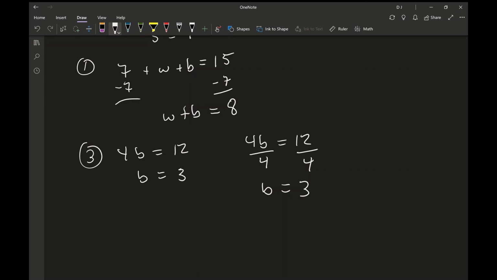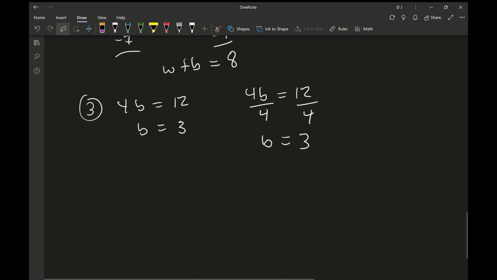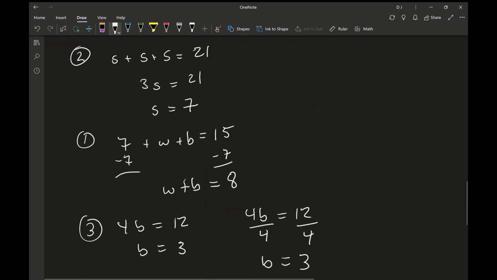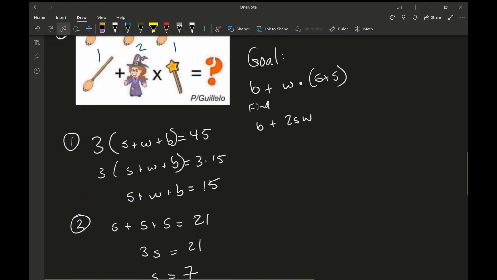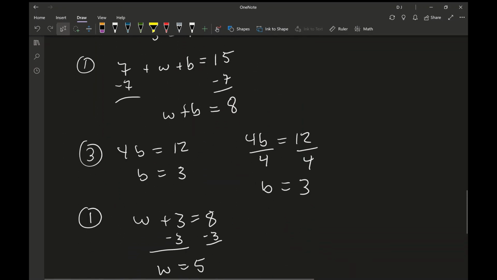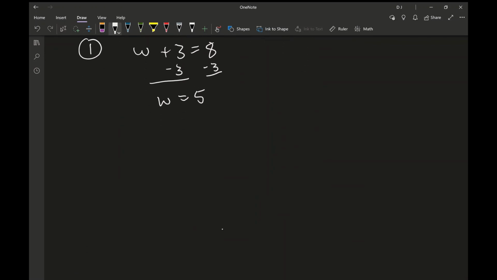So then we know, revisiting number 1 again, which person plus 3 has to be 8. Subtract 3 from both sides. We know which person must be a 5. Now we can get our goal. Stated goal was, what is broom plus 2SW? So goal.